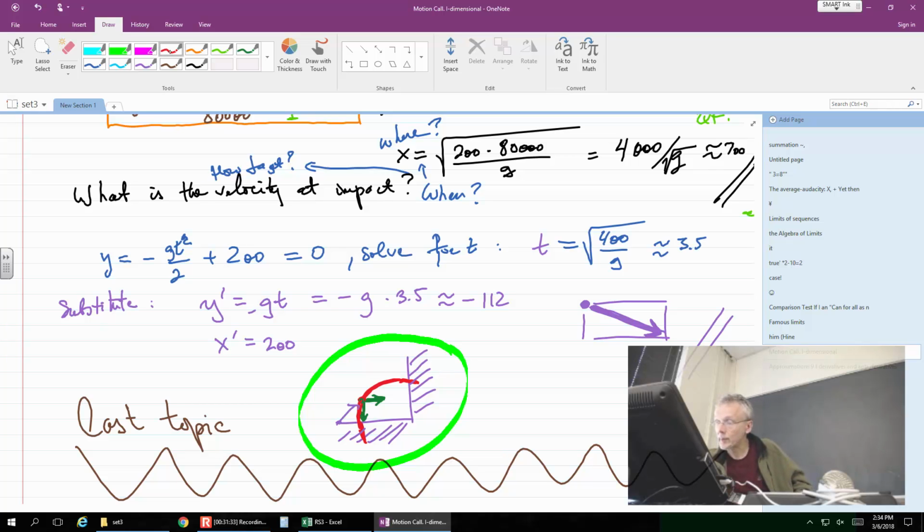Well, this is the parabola. The parabola is on this axis. The axis is skewed. So in other words, the object is being pulled in this direction.